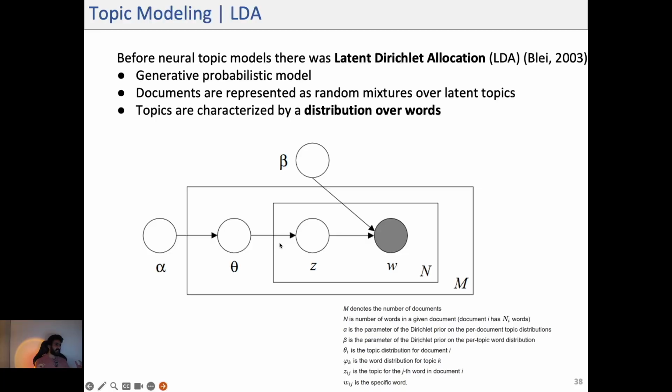This generative process lets us work backwards. Given only the words in the documents, we try to infer what the topics are and how they are distributed. And this approach paved the way for all modern topic modeling techniques, in my opinion.